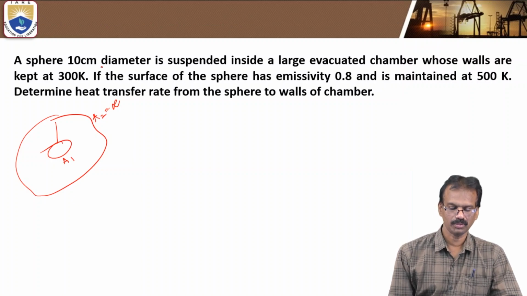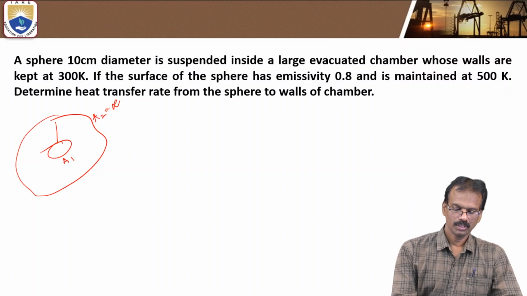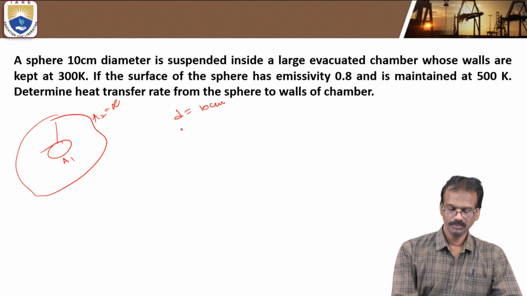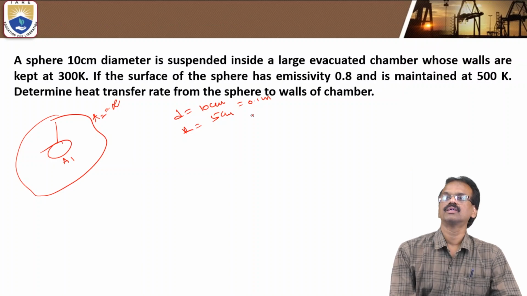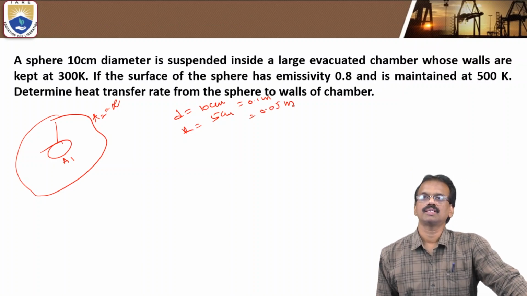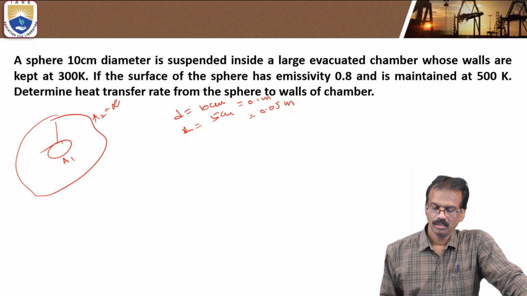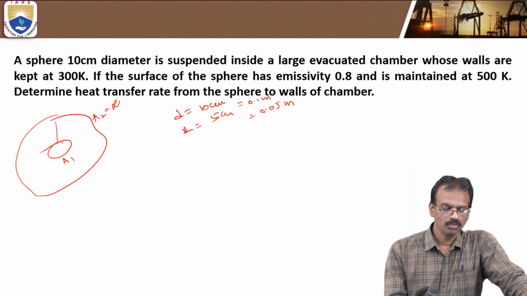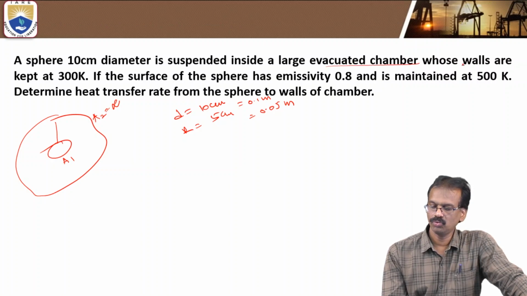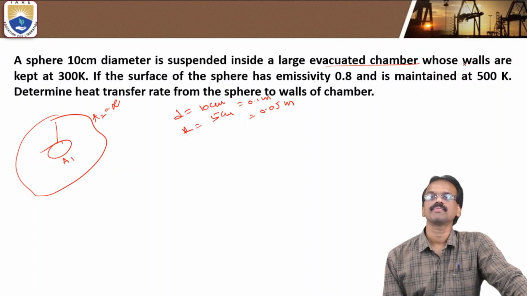So 10 centimeter diameter, so D is equal to 10 centimeter, then R is equal to 5 centimeter. If you convert this, D is 0.1 meter, so R is 0.05 meter. So this one is the radius. Okay. Next, the sphere is suspended in an evacuated chamber whose walls are kept at 300 Kelvin.